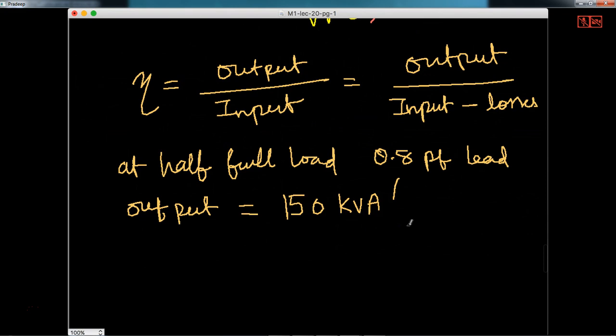So this is multiplied by half and by the power factor 0.8. So this will be 75 kVA multiplied by 0.8, that will be 60 kilowatts. So this will be the output.